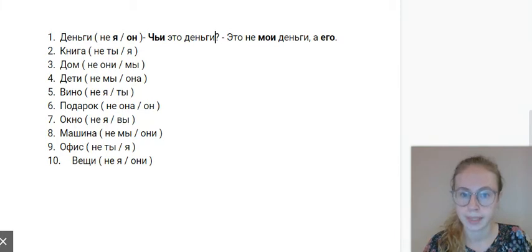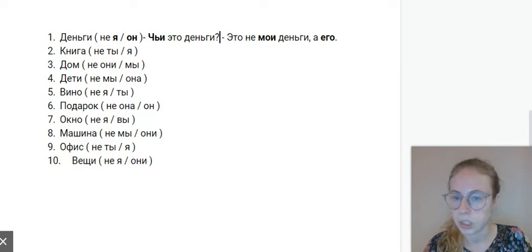Whose money is this? In Russian, money is plural again, so you ask чьи. Чьи это деньги? And the answer would be, you need to put не я in the right form. Это не мои деньги, plural.